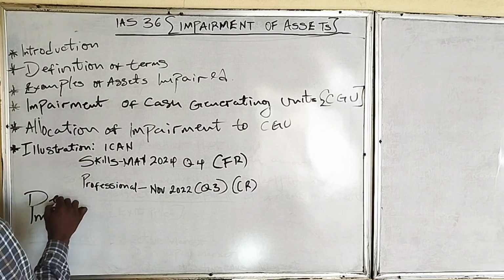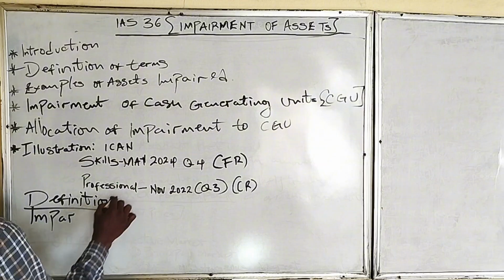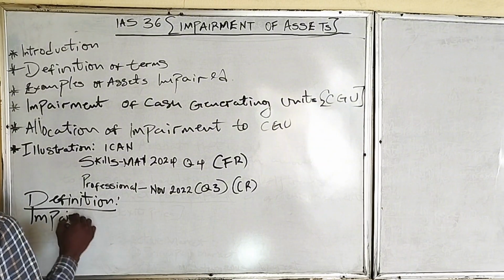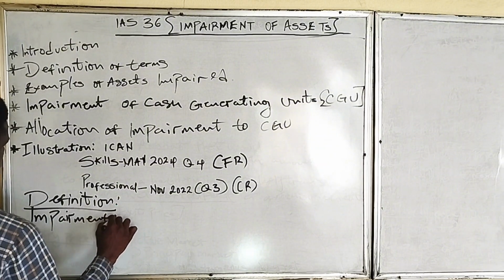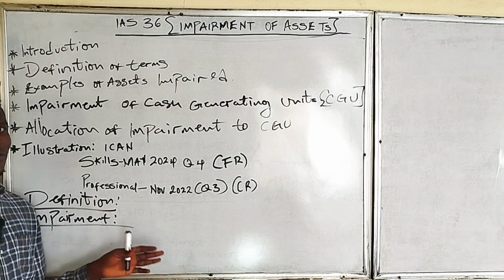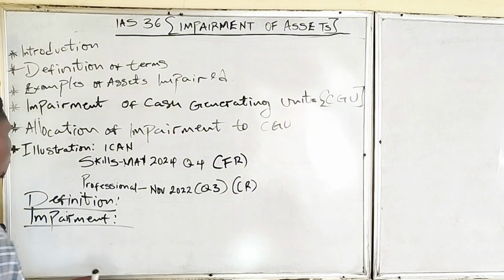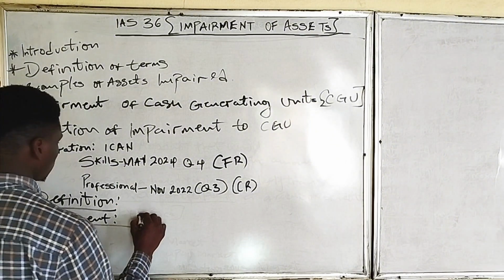So impairment is a permanent loss in the value of an asset or permanent reduction in the value of an asset.